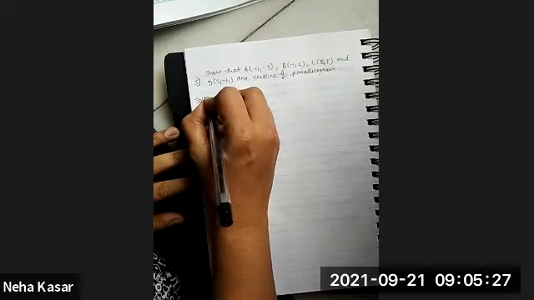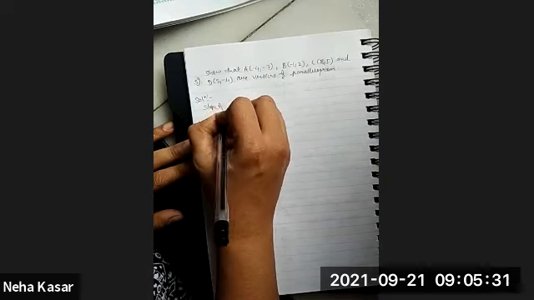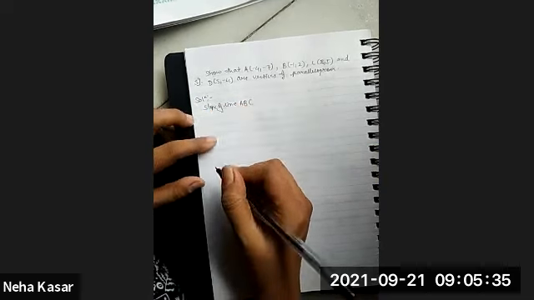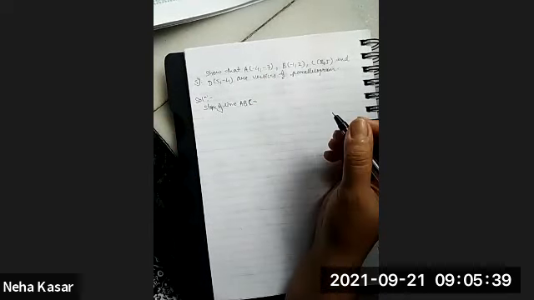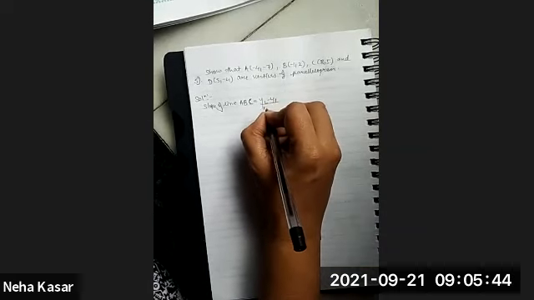Solution: we have to find the slope of line AB. So slope of line AB is equal to, so we can write the formula once.